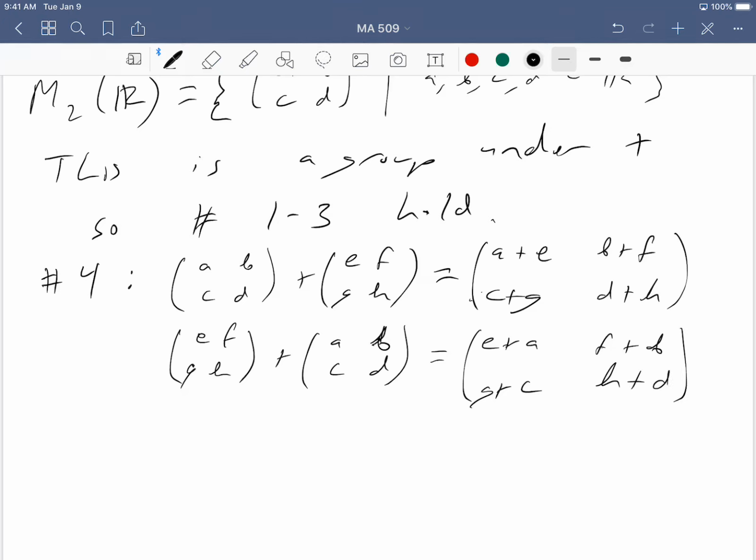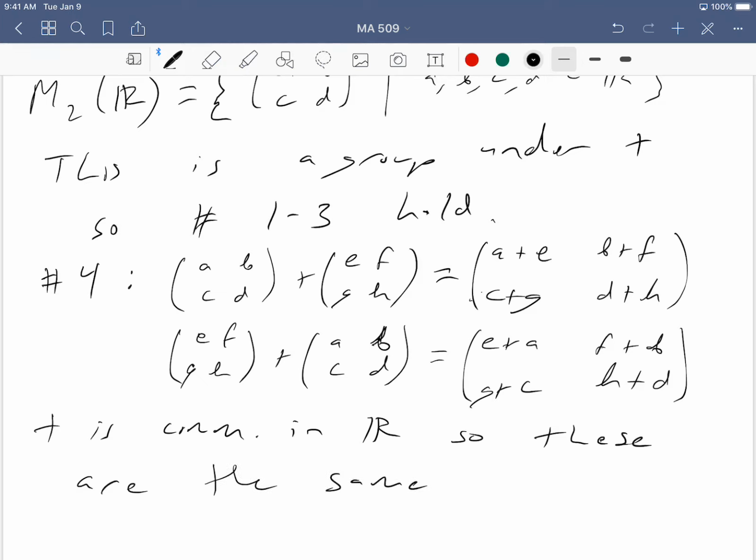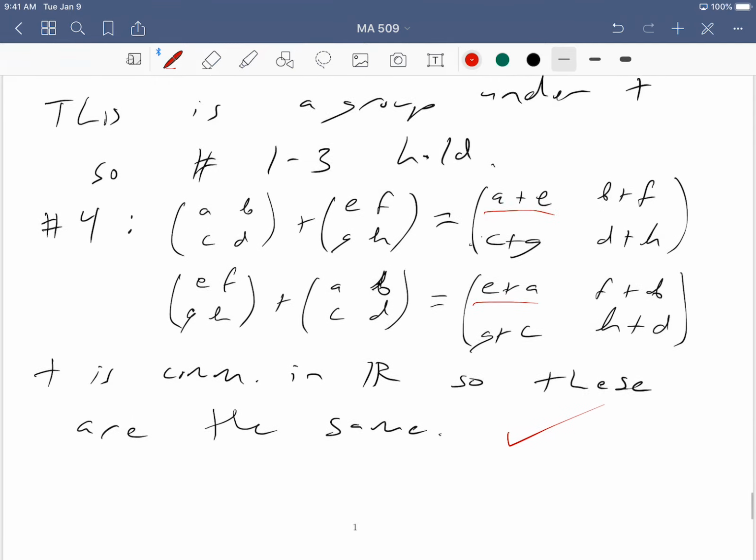And because addition is commutative in R, that means these matrices are the same, right? Each entry, like if we look at that top left entry, A plus E versus E plus A, well, those are the same because when we're adding real numbers, it's commutative. All right, so number 4 holds. We're fine with number 4.